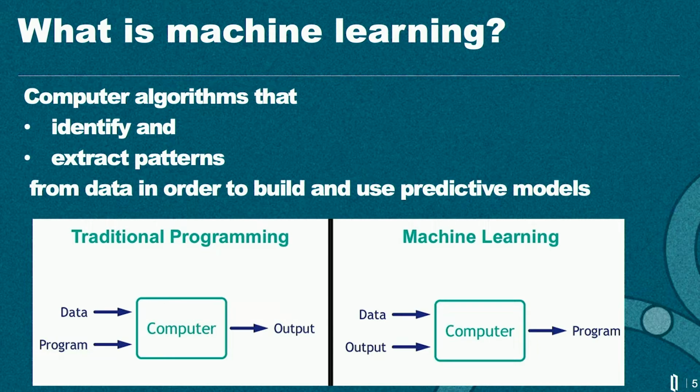Machine learning, on the other hand, you have your data, you have an output that you've already found from previous collection of data or from previous runs of the program itself. And now you are developing, if you like, the ability to work on the output and then develop a program so that you can give it further data, and then it can work on future data and give you that.